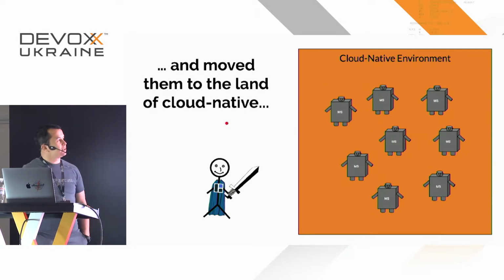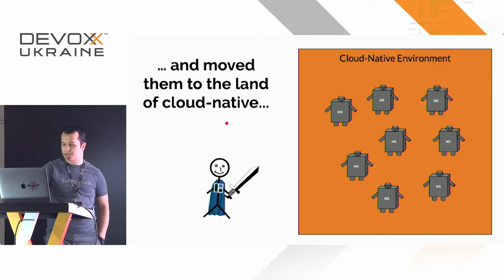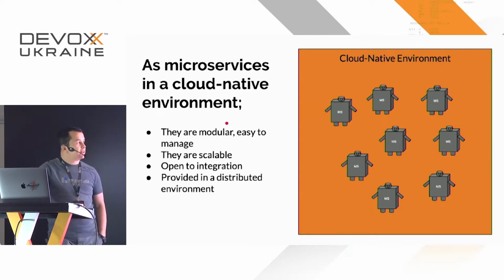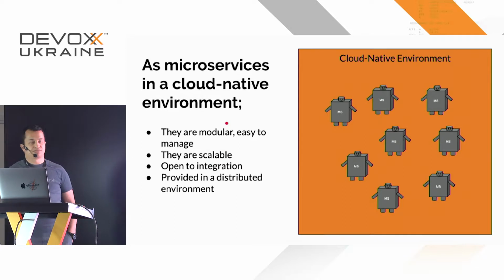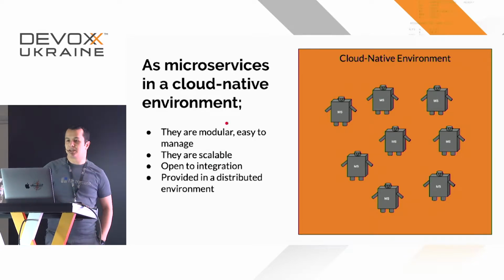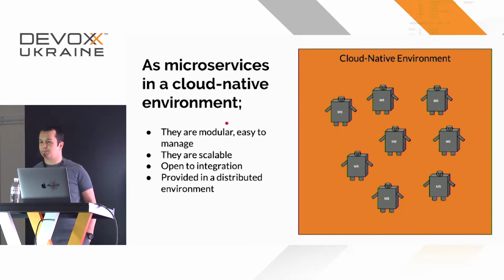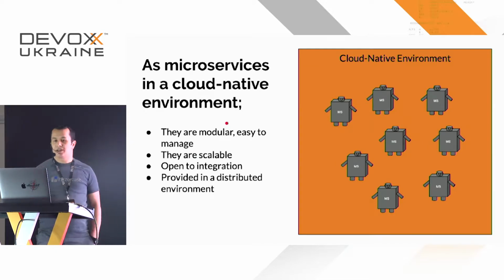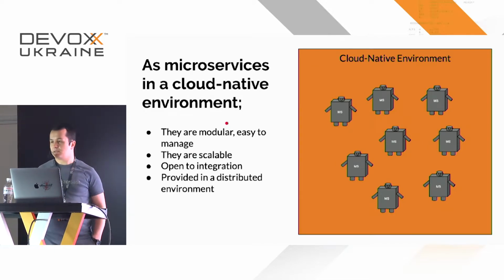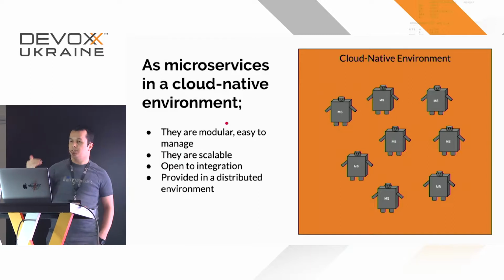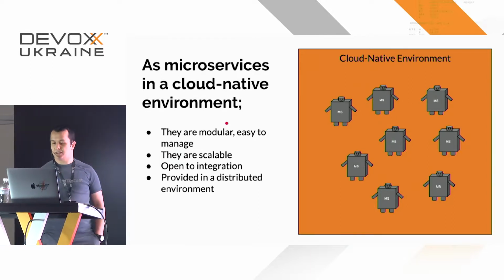So after building microservices, he moved them to the land of cloud native. In a cloud native environment, microservices are living much happier. They are now modular, easy to manage because they are smaller independent applications, and they are easily scalable, not just vertically but also horizontally, since they are small applications.